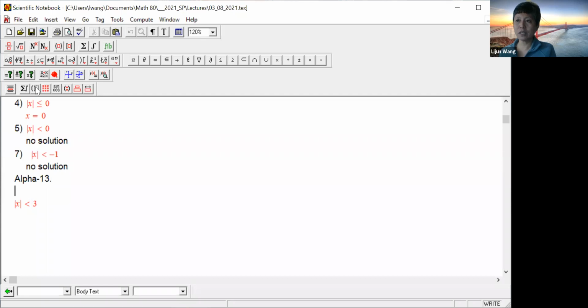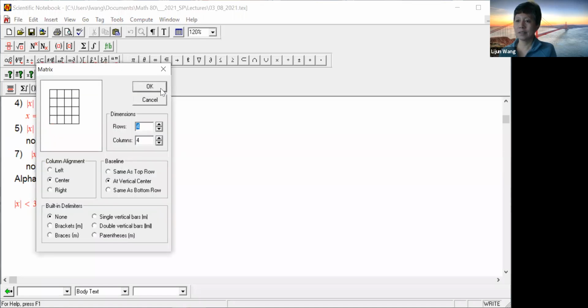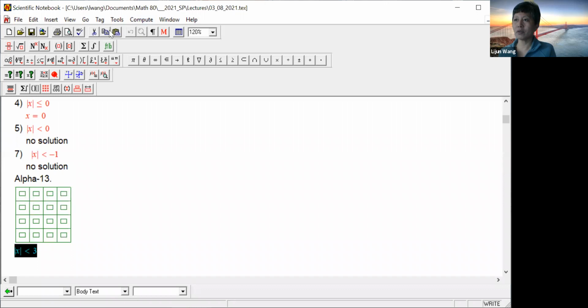We know how to handle absolute value of x less than 3, and we know the answer is between -3 and 3. We know everything about it.